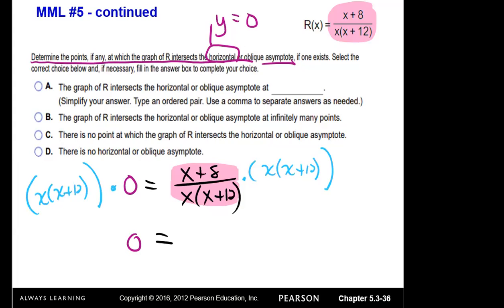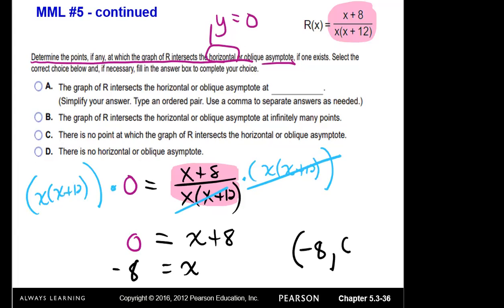And then over on the other side, the denominator gets canceled out. So I'm just left with the x plus 8, which means x is -8. So it will intersect at the point x is -8 and y is 0. Because remember, I knew what the y coordinate was. Y was 0. That goes right here.